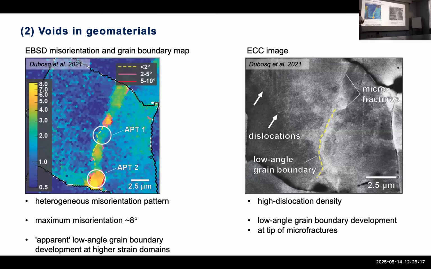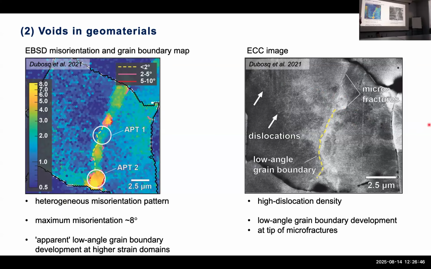So once again, we started with EBSD. And what we noticed is that there appeared to be some crystal plasticity within some of the pyrite grains. And if we look at this higher strain area in EBSD, we also document some low angle grain boundaries or subgrain boundaries. But when we take a closer look at them with ECCI, we notice that these subgrain boundaries were mostly microfractures.